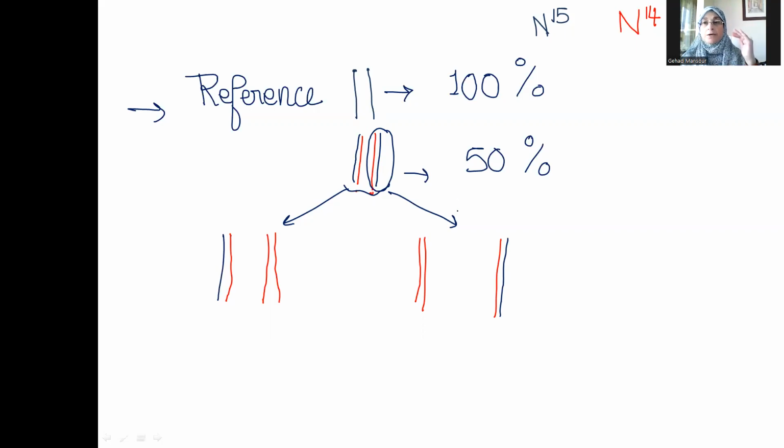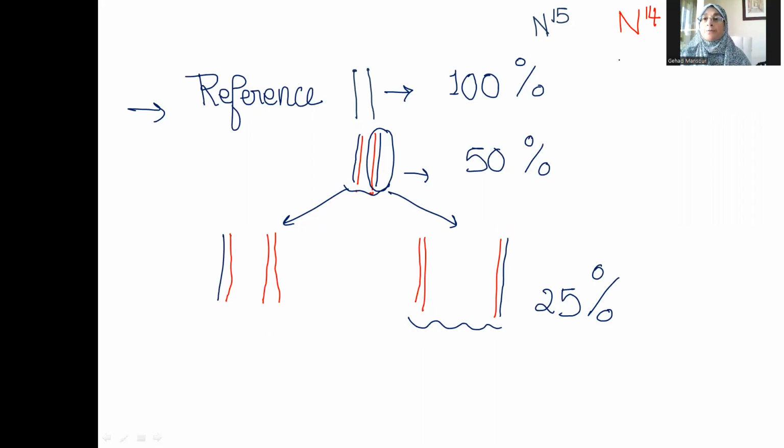So definitely the density will be less. And then after this, we will have 25% only having nitrogen 15, while 75% are having nitrogen 14.